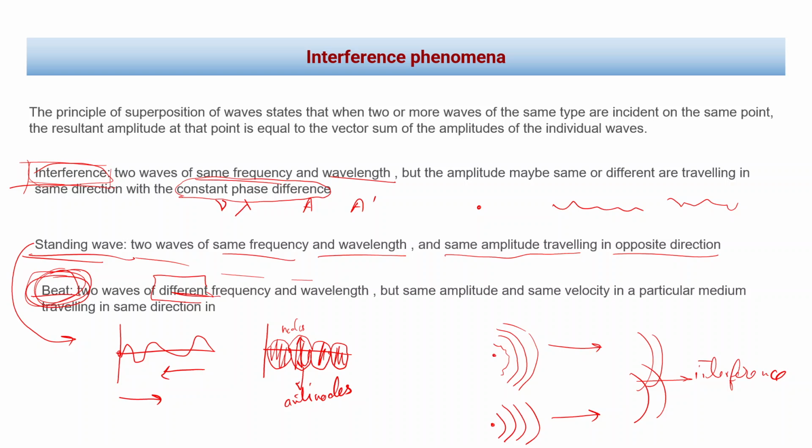So let's do a small derivation to find out, when two waves of the same frequency and wavelength are traveling in the same direction, what the resultant wave is, what its amplitude is, and what its intensity is. Let's understand that. I take my first wave, representing it by y1, with position and time changing.